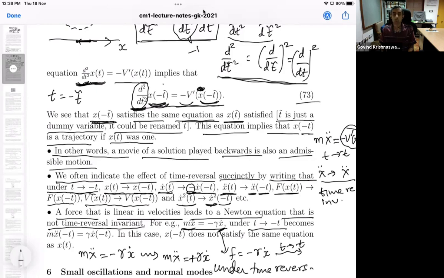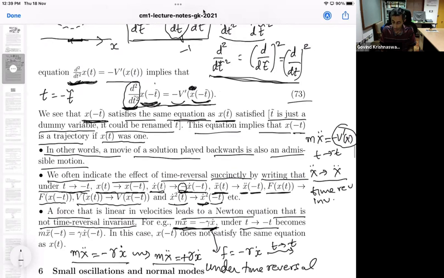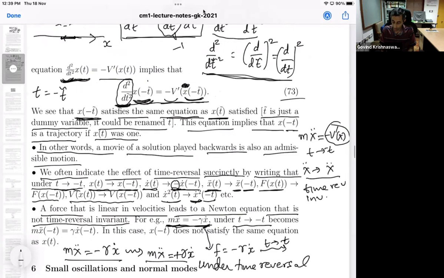That equation is not the same as the original equation. Basically, the sign of gamma has gotten reversed. So it's not the same equation. And we say that Newton's equation for a force that is linear in velocity is not time reversal invariant.